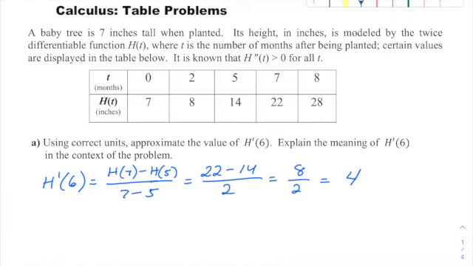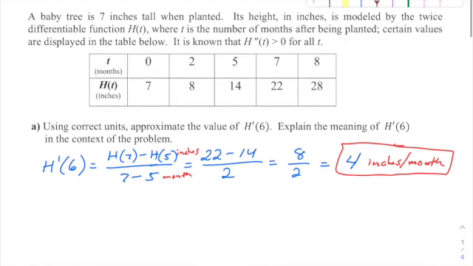If you're not sure what the units would be, you can always take a look at the units of the numerator. h is measured in inches, and you're dividing by t, which is measured in months. So your rate of change, your derivative, is going to be inches per month.